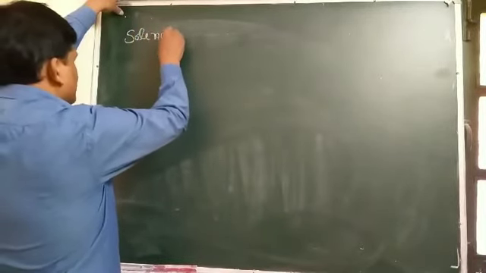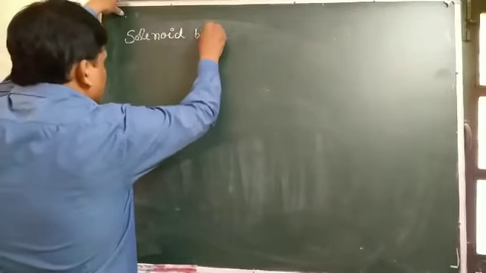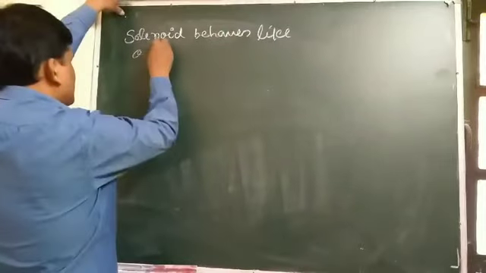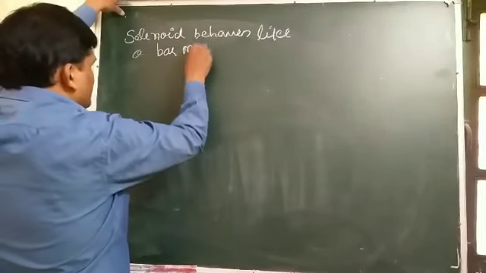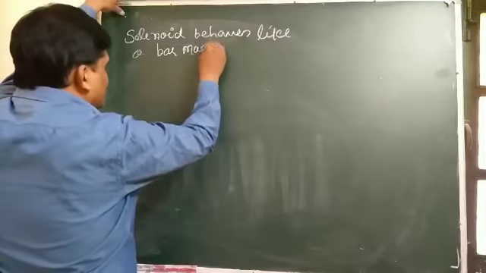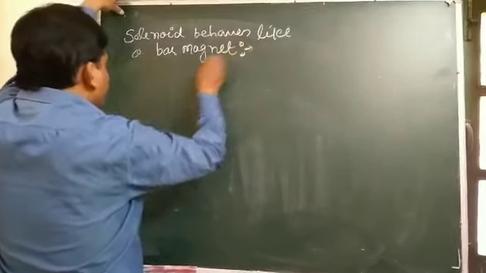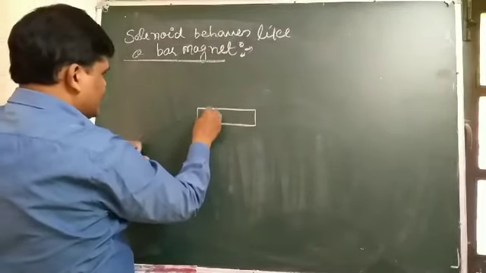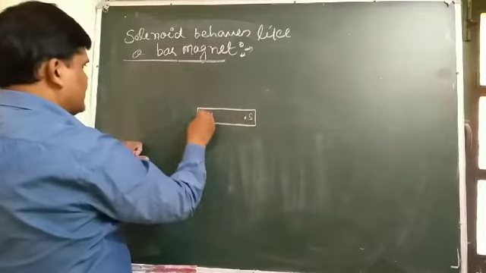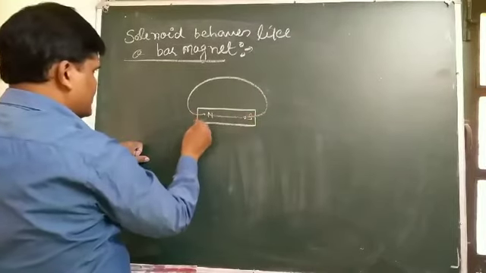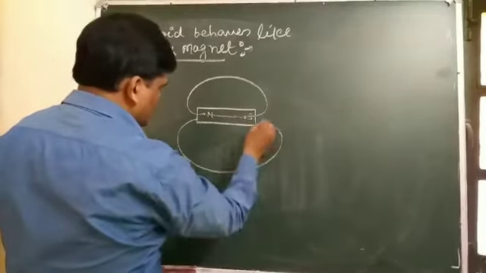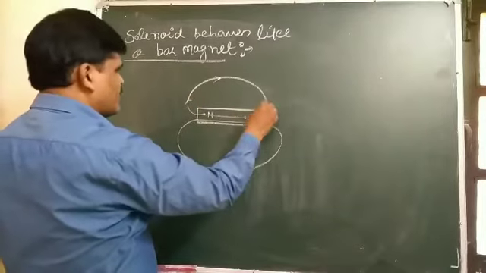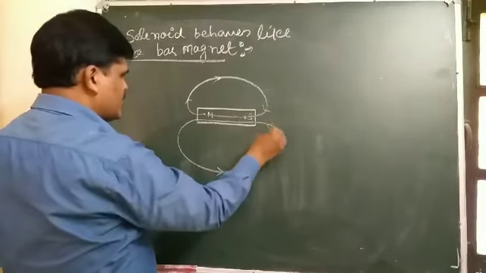Here is N and here is S, and the magnetic field lines outside the bar magnet go from north to south.